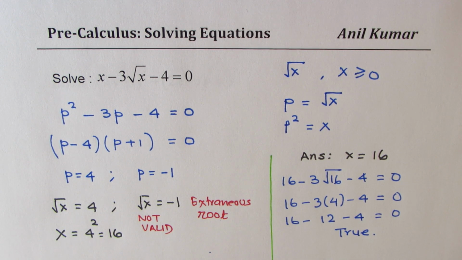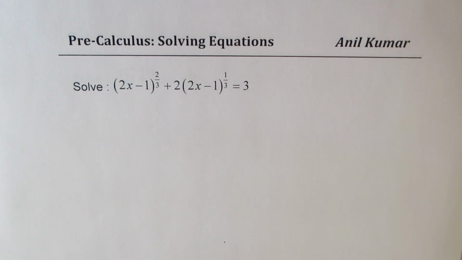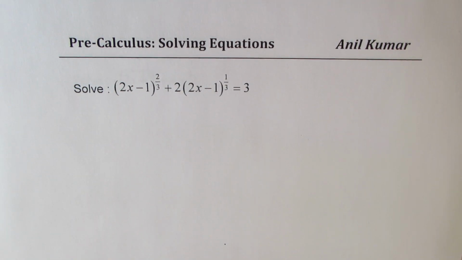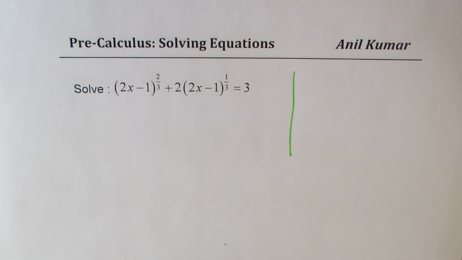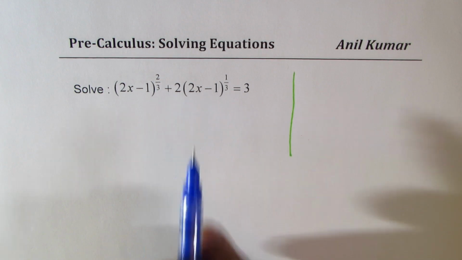Now let's take up the next equation. This time we have a radical equation, 2x minus 1 to the power of 2 over 3 plus 2 times 2x minus 1 to the power of 1 over 3 equals 3. We can always write this equation in quadratic form by making a very simple substitution.